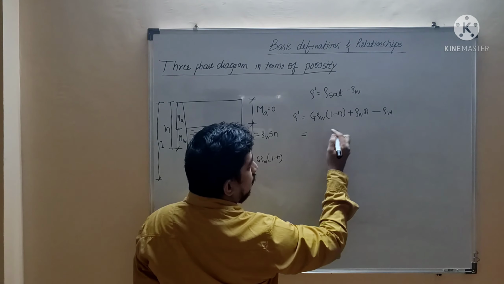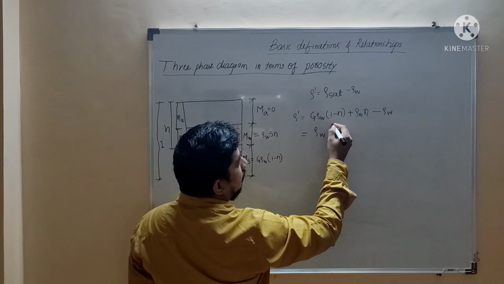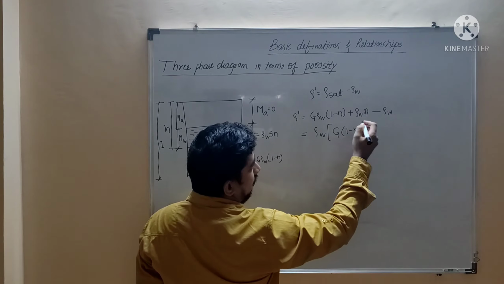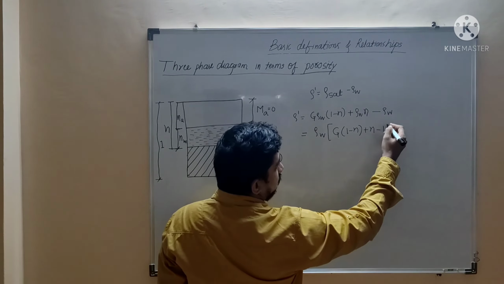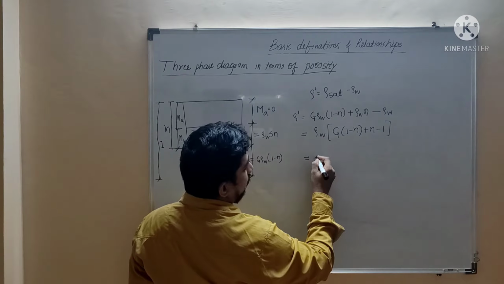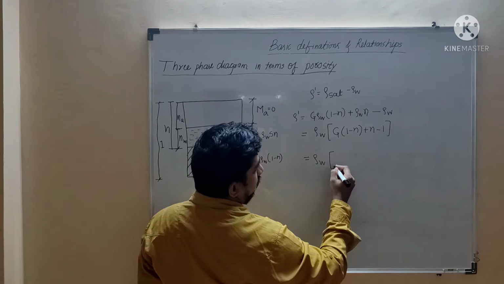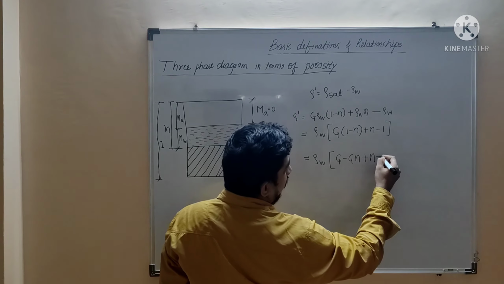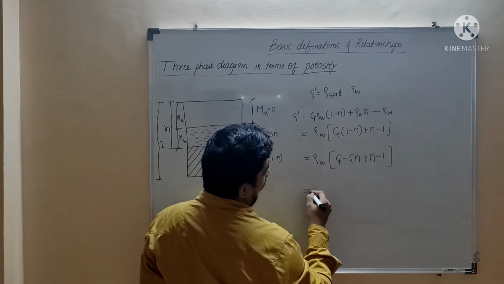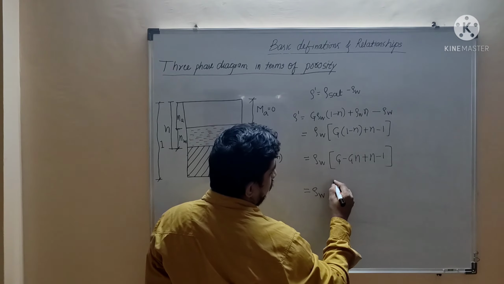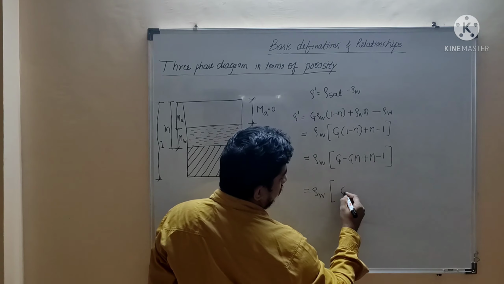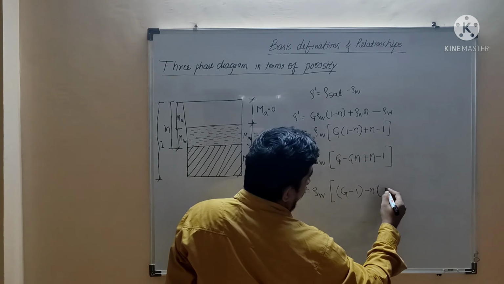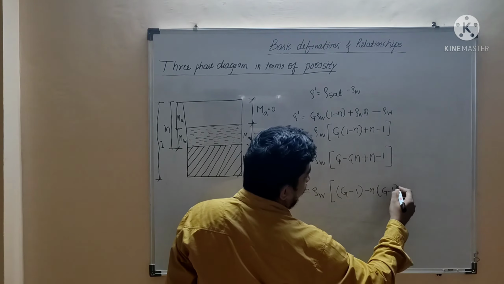So we will take rho w out, as it is the most common term. G is multiplied by 1 minus n, rho w is common, plus n minus 1. If we want to simplify this further: rho w, G minus Gn plus n minus 1. So rho w into G minus 1 minus n times G minus 1.